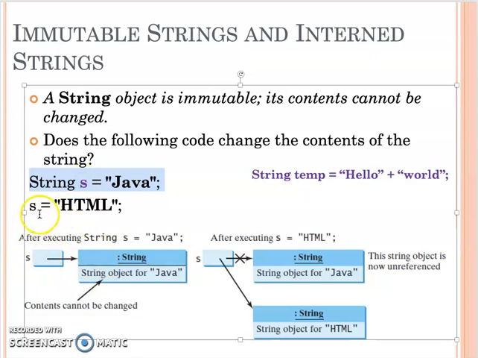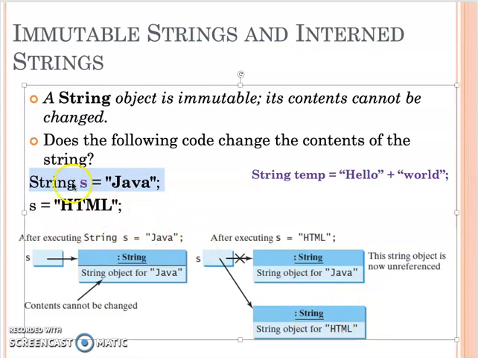So when we assign s to HTML, we just delink s from the original Java string object. Then we reassign s to another string object, HTML.